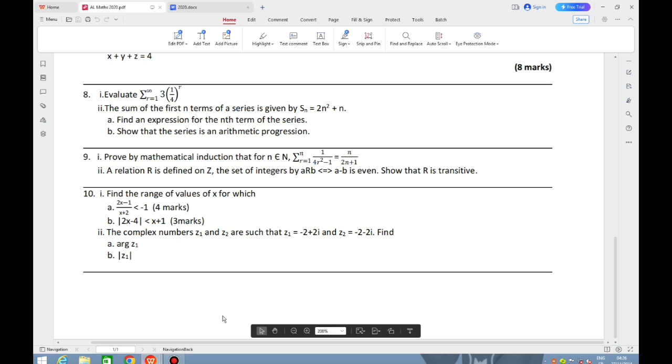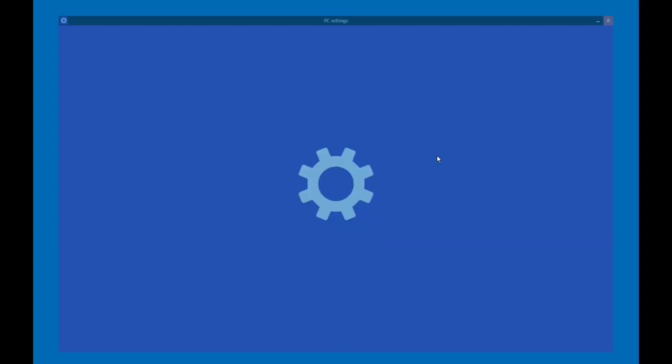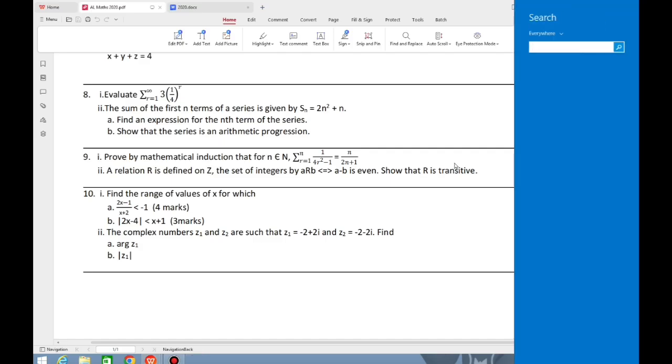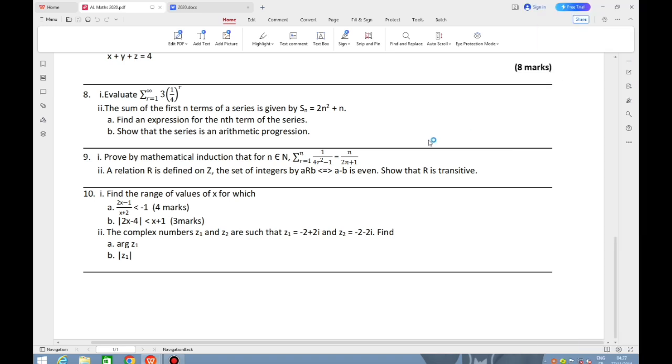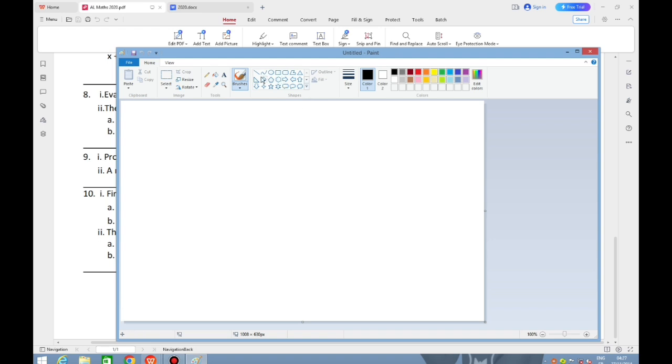To understand what I mean, when you draw a graph, let's say this is the y-axis and this is the x-axis.